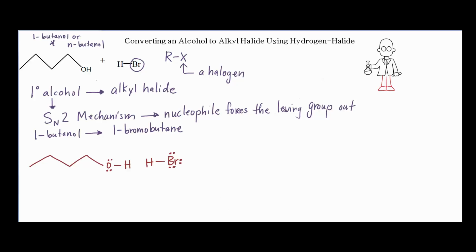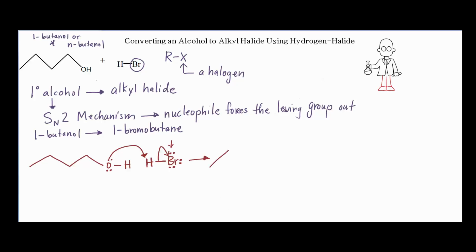Bromine has 3 lone pairs, and it is relatively large and electronegative, a very large electronegative group, so it's going to have the majority of the share of this covalent bond. So our lone pair of electrons takes this H plus proton, and those 2 electrons go to the Br atom.